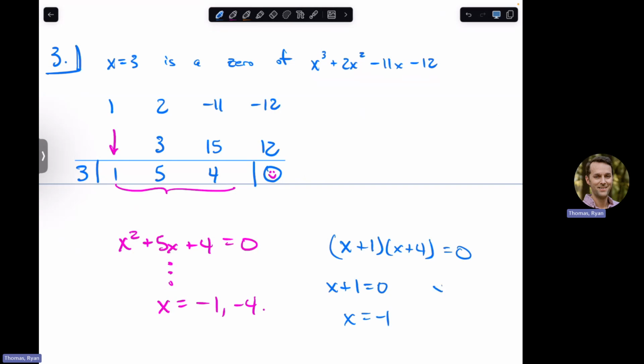And then if you split the factors up, we get -1 and -4. Or if you don't want to factor, use the quadratic formula and it should go quick-ish, right? Yep. Everybody else good with that?